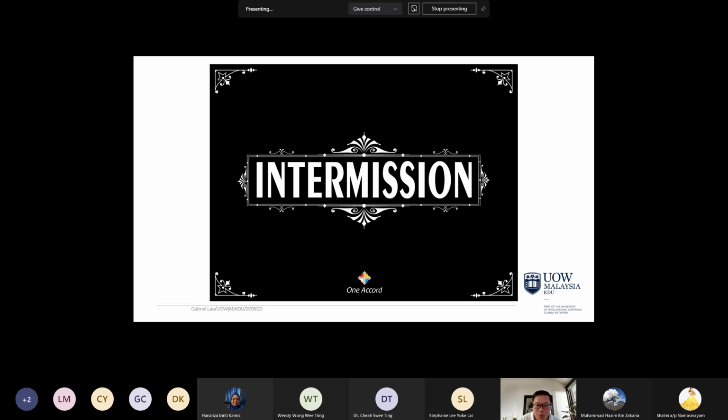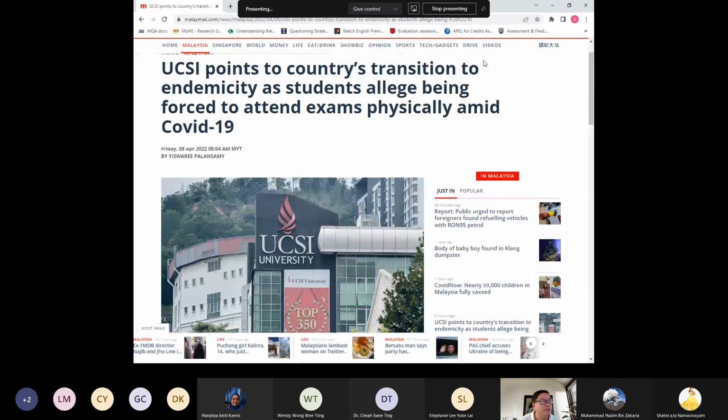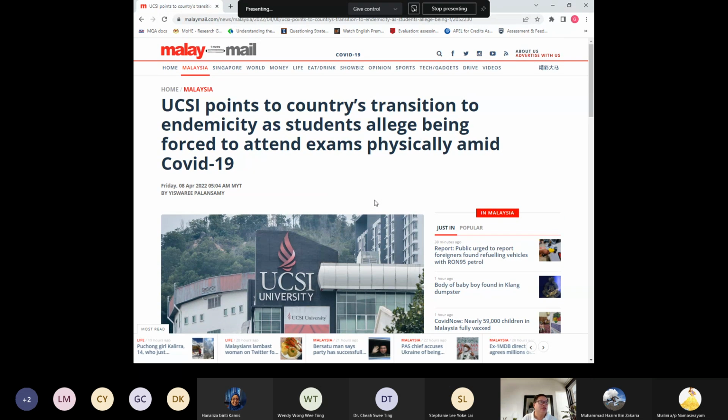All right, now I wanted to show you this. As you can see, these are the headlines today of Malay Mail. UCSI points to country's transition to endemic as students allege being forced to attend exams physically amid COVID-19.